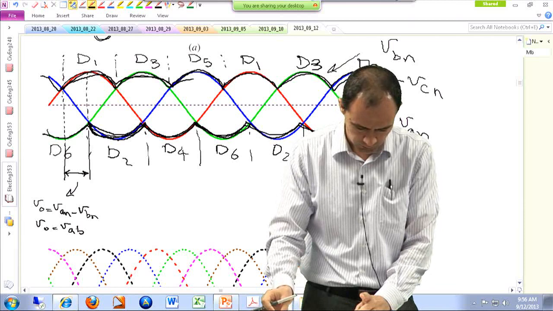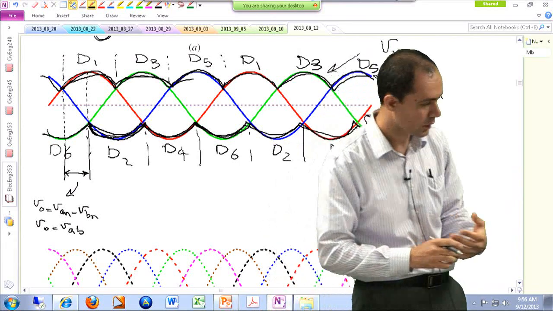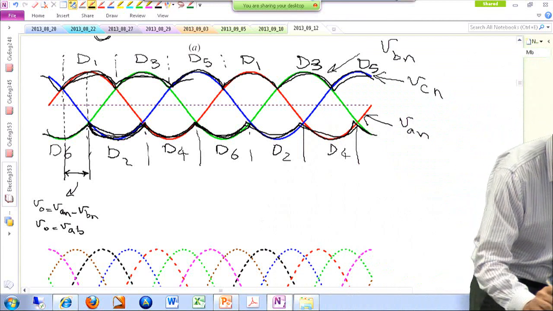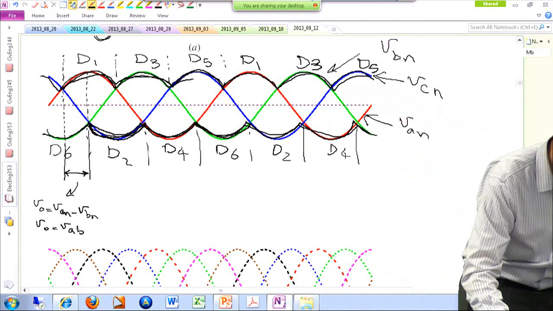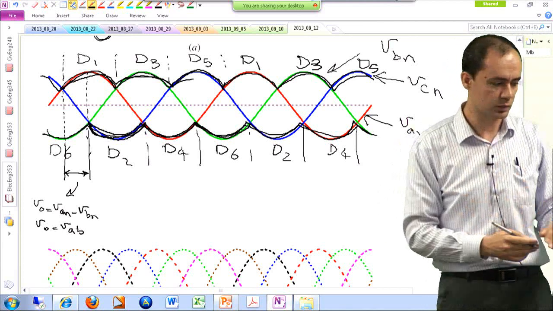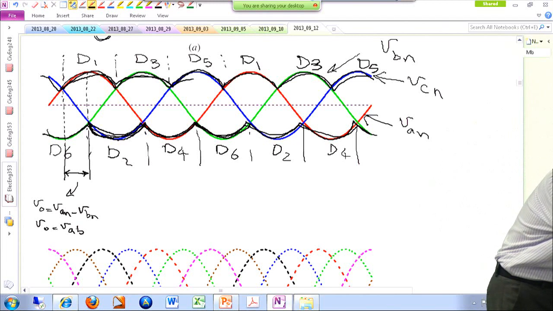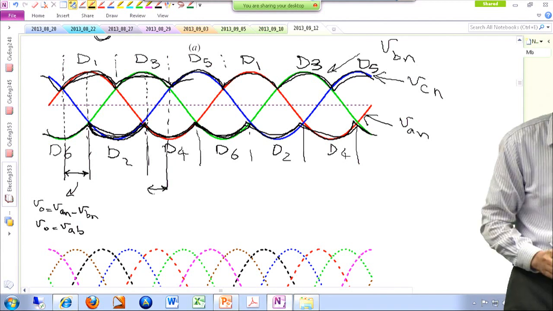All right. If you plot VAB, it is going to look like this. So I have to look at the line-to-line voltages to be able to plot my output voltage. Let's take another example, for instance here.